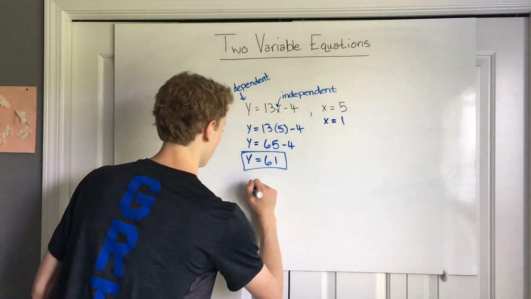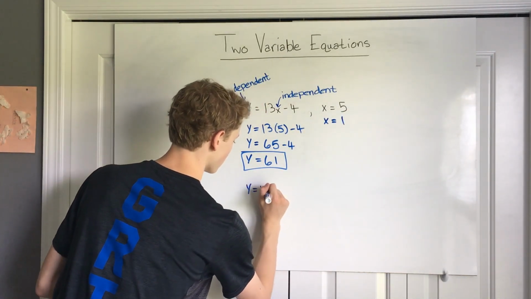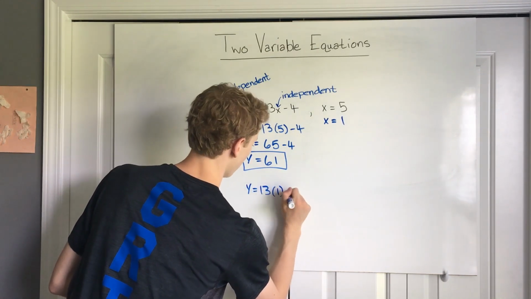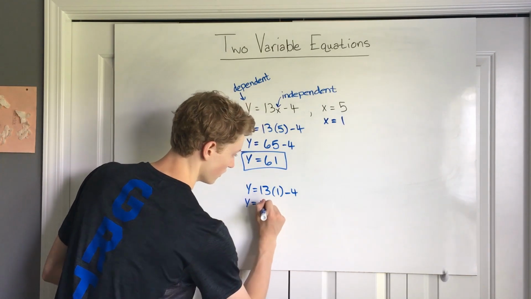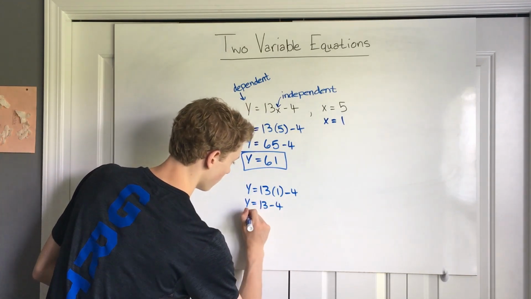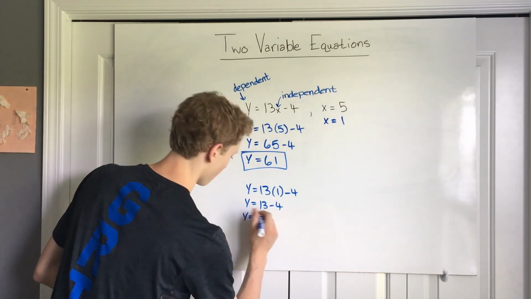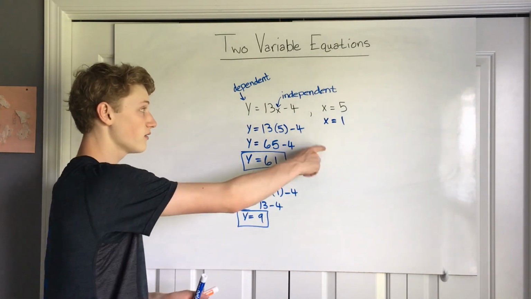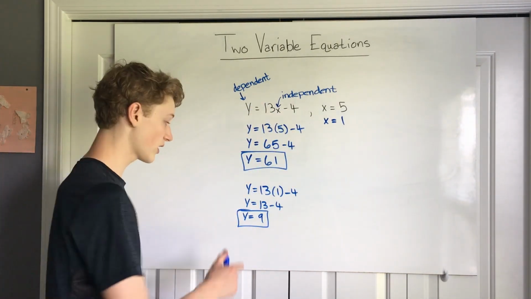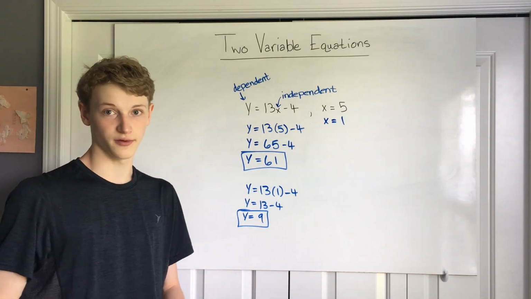That's an easy number. Y equals 13 times 1 minus 4. Y equals 13 minus 4, and y equals 9. This is why y is the dependent variable, because we can choose anything we want for x, and we can see what y equals at the end of it.